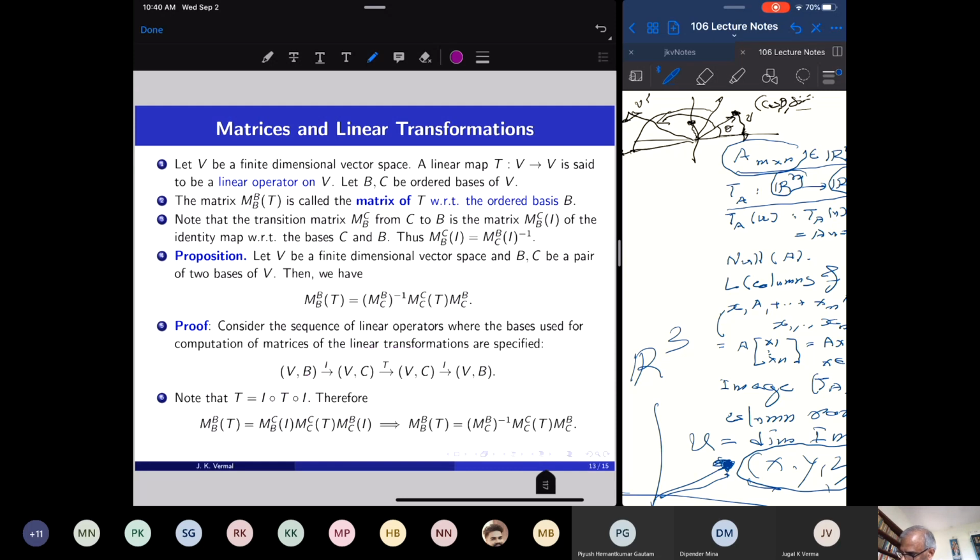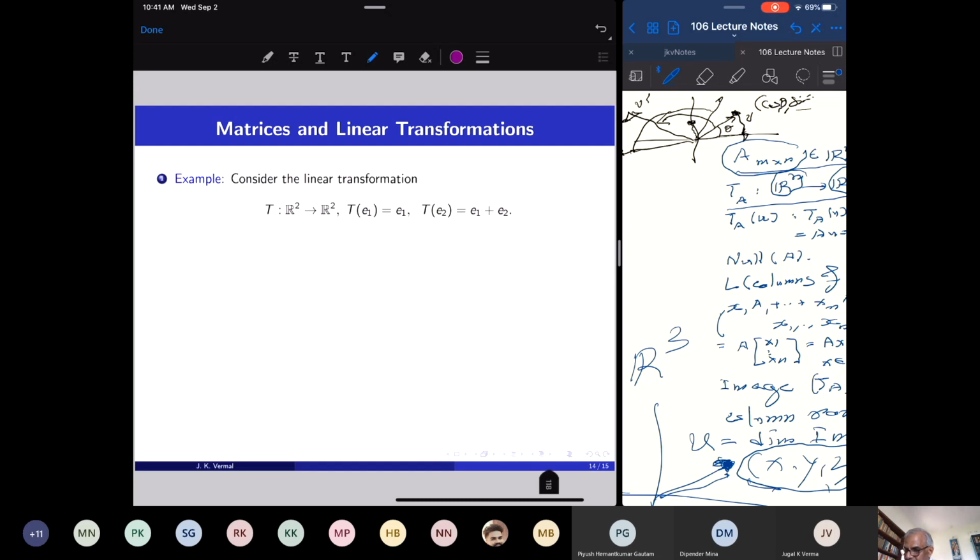So this gives me that the matrix of T with respect to B is the matrix of T with respect to C, on the right I multiply the transition matrix from B to C, on the left I multiply by the transition matrix from C to B. So these two matrices with respect to two different bases of the same linear transformation are therefore similar matrices.